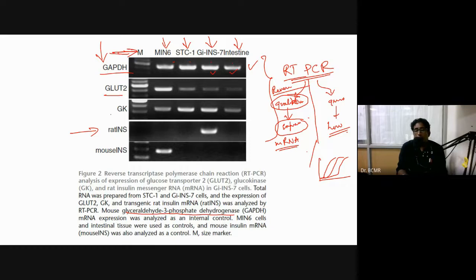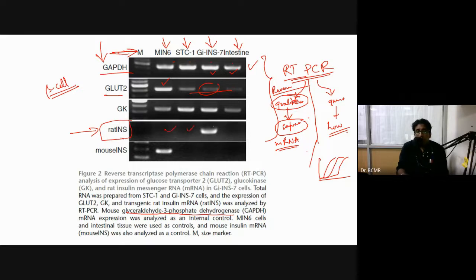GLUT2, we discussed that it's a glucose transporter that is present in beta cells, right? We can see it highly expressed in MIN6, and there is very little or none in the others. Then they have tried several of these, and they have also tried for this insulin that they have put in.